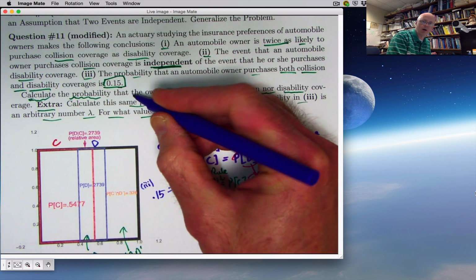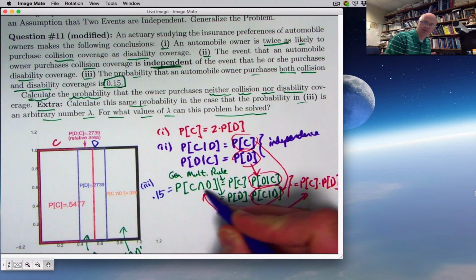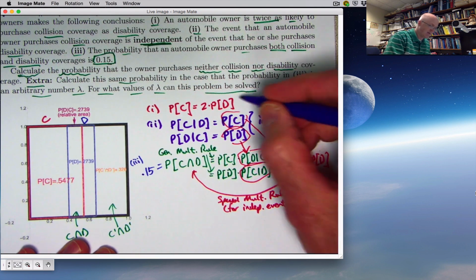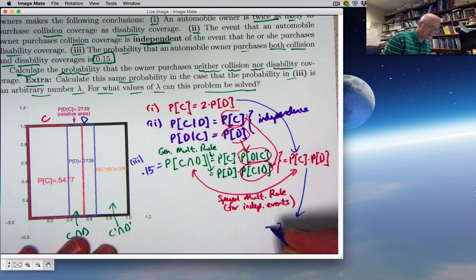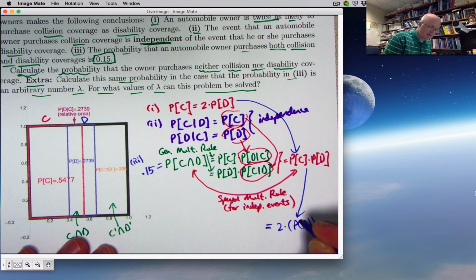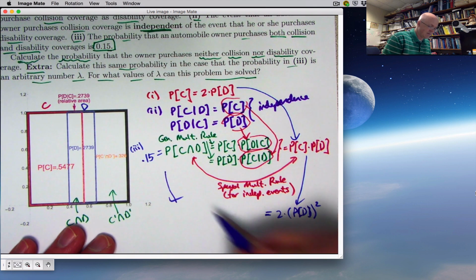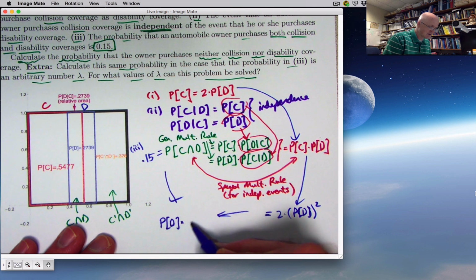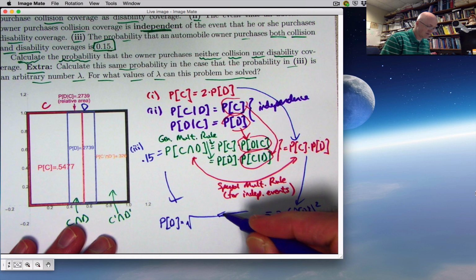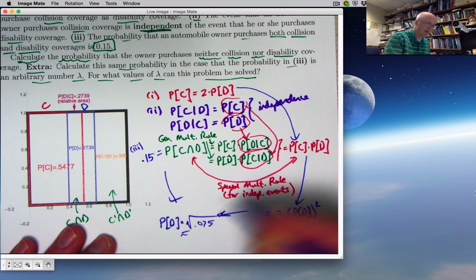Because 0.15 is the probability that they purchase both collision and disability coverage, C intersect D. Use this, and you get 2 times P of D quantity squared must equal 0.15. Therefore, P of D is the square root of 0.15 divided by 2, which is 0.075. Use my calculator now.